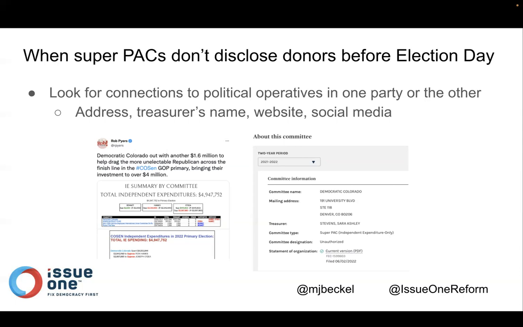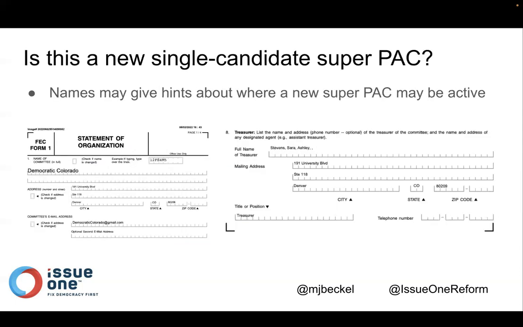And this was clearly connected to Democratic organizations and people in the state of Colorado, but it was really unclear who exactly was funding it before Election Day was held. Again, here is the statement of organization that was filed with the FEC. And so here's a treasurer, here's a name, here's an address, here's an email address. Unfortunately, this filing didn't have an actual phone number, but sometimes you're able to suss that out.